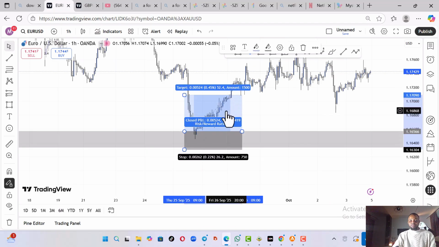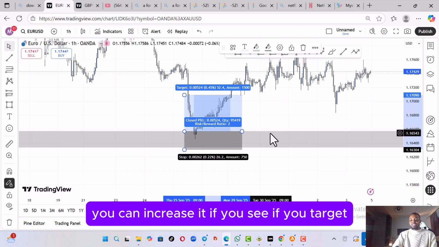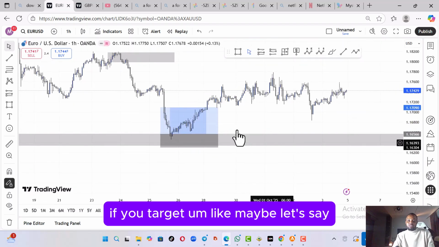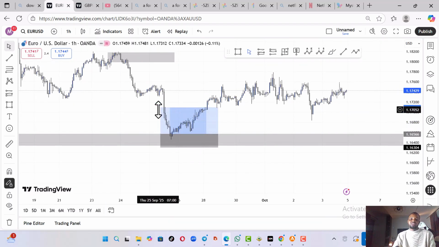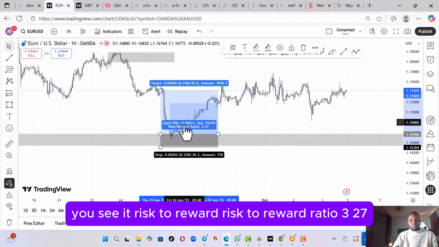Okay, so if you decide to go higher, you can increase it. If you target maybe 3 or 4 RR, you see it, risk to reward ratio 3.27.